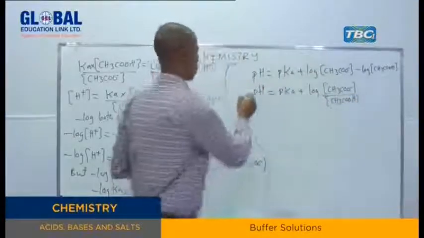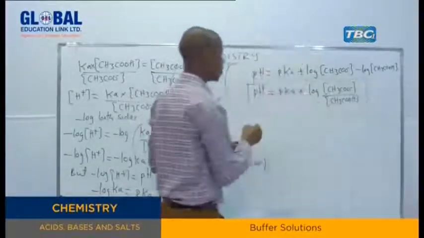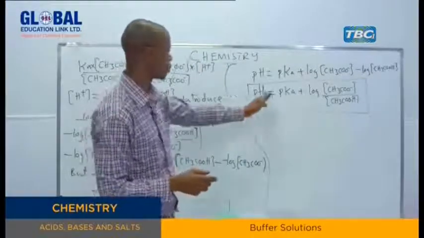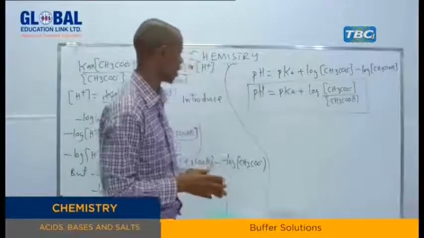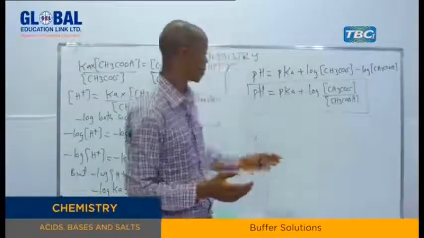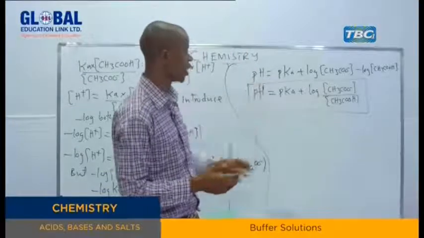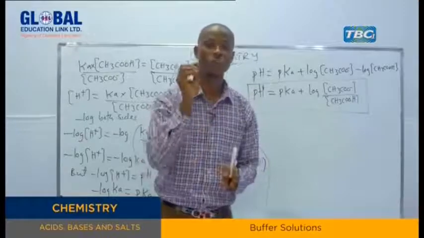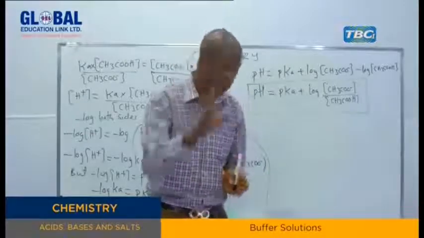So this equation can be used to find the pH of the solution. It is the pH equation for the acidic buffer solution, and it is also called the Henderson-Hasselbalch equation. And it is used when the ratio of the acid and the salt is 1:1 only.